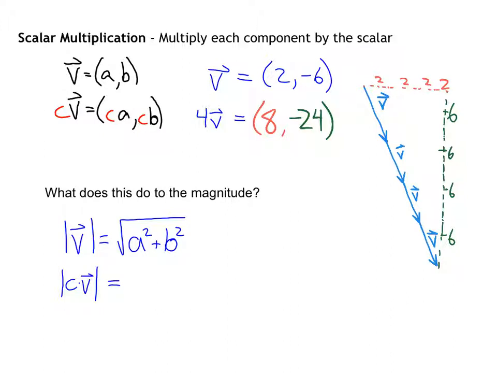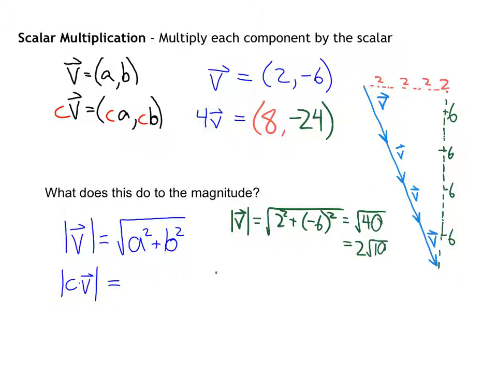So if I found the magnitude of that 2, negative 6, magnitude of v up above, I'd do the square root of 2 squared plus a negative 6 squared. So that's going to be 4 plus 36, right? So square root of 40. And if you simplify that, that's 2 root 10. You all know how to do that.